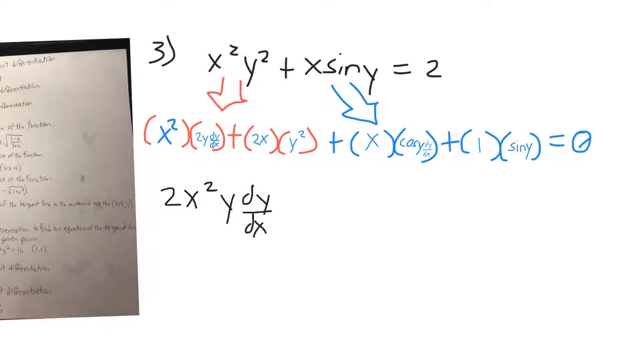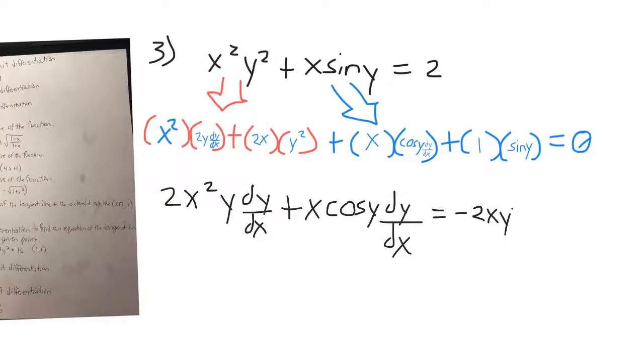And we end up with this on the left, and on the right, it looks like negative 2x y squared minus sine y.